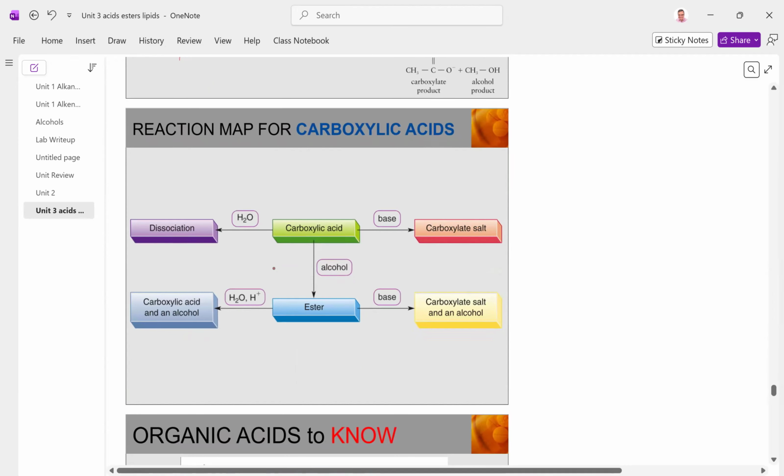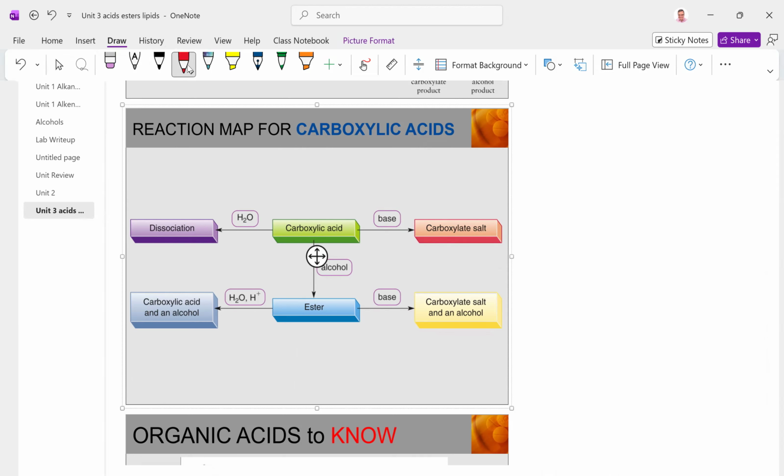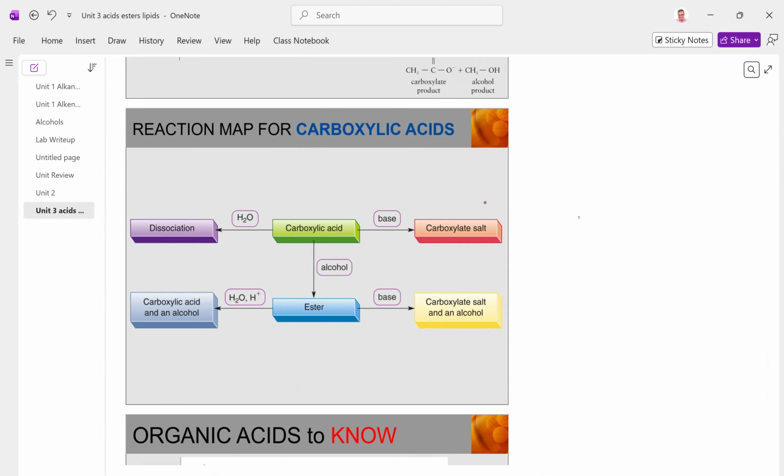Okay, so this is the flow chart. We have an acid, carboxylic acid or organic acid. In water, it disassociates. That means that the H comes off. In a basic environment, we form the salt. And then I need to make one more little correction here.